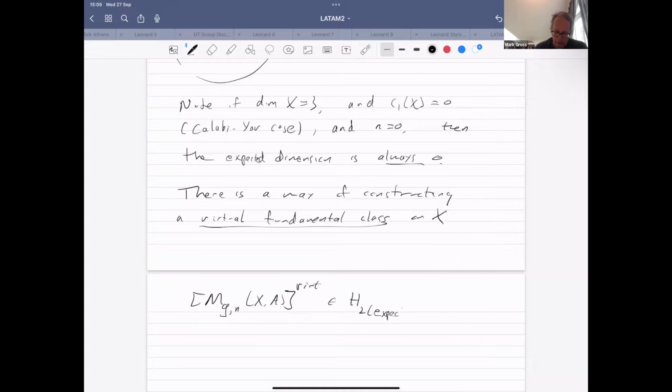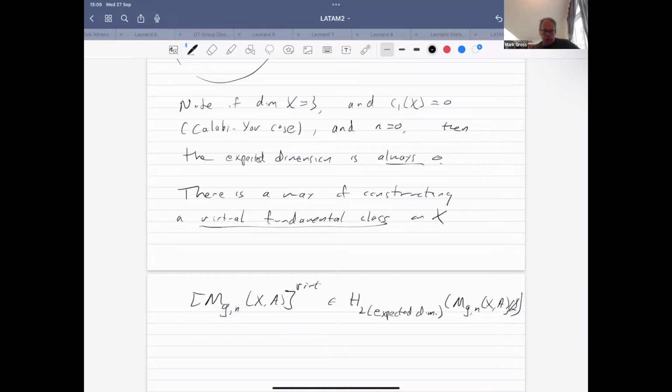the homology, since the expected dimension is a complex dimension, I need to multiply the expected dimension by 2. It lies in typically the rational homology of M_{g,n}(X, A).